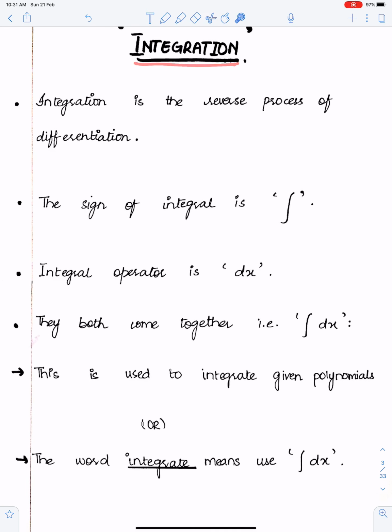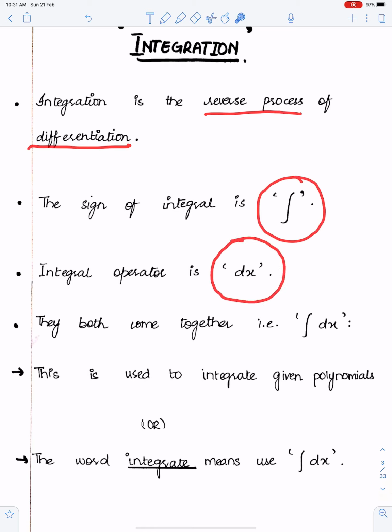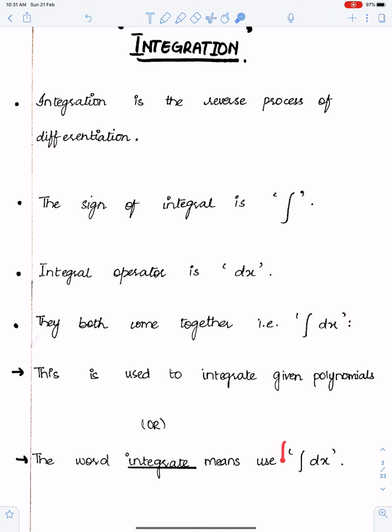Integration is the reverse process of differentiation. This is the sign of integral, and this is the integral operator, and they both come together. This object is used to integrate the given polynomials. The word integrate means use this to integrate the given polynomials.